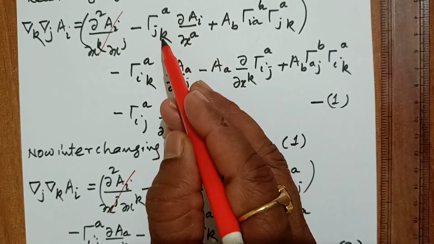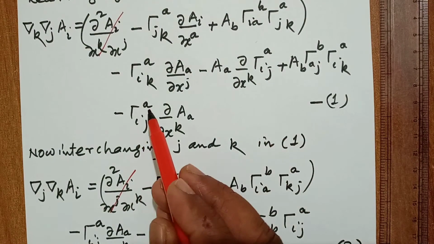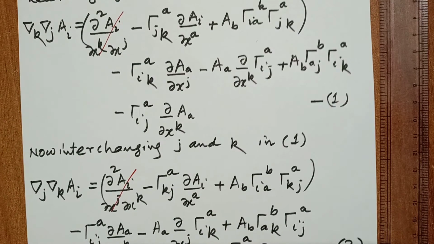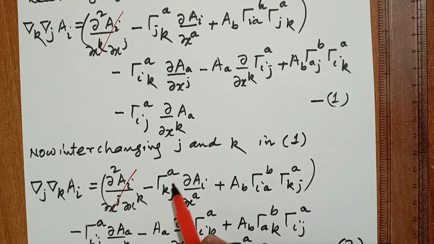Here a_jk, here a_jk, a_kj, because this is symmetric.